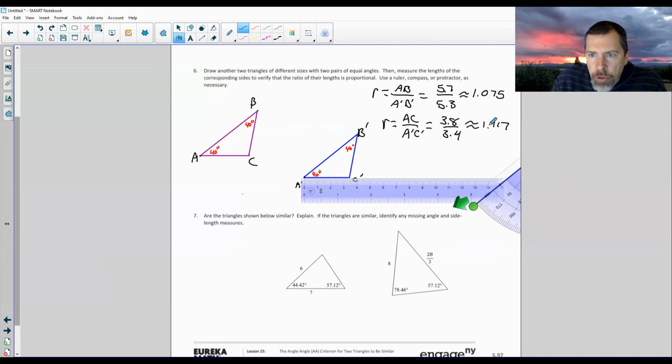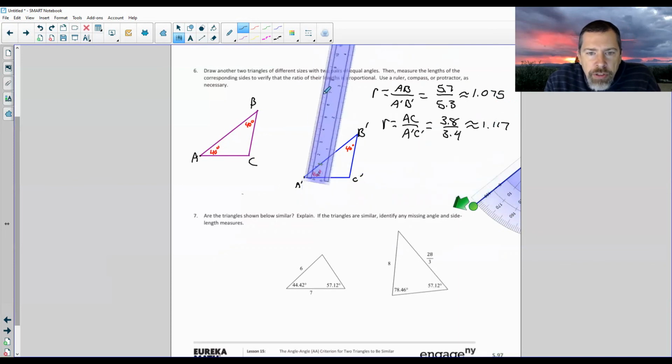Okay, 1.0, 1.1, we're off by less than a millimeter, 0.07, 0.11, that's 4/100ths of a millimeter. I believe that's close enough for high school work.